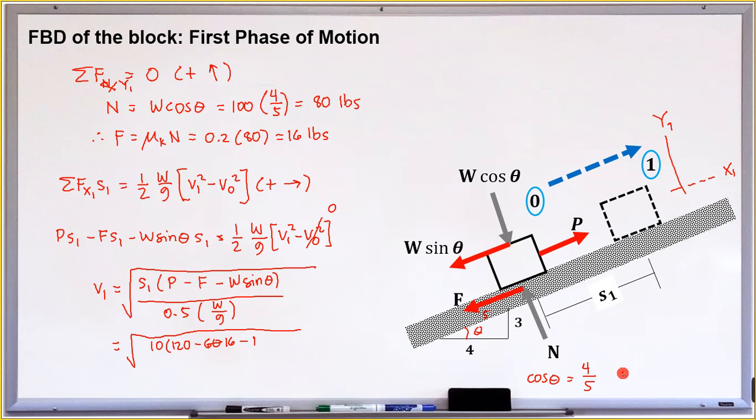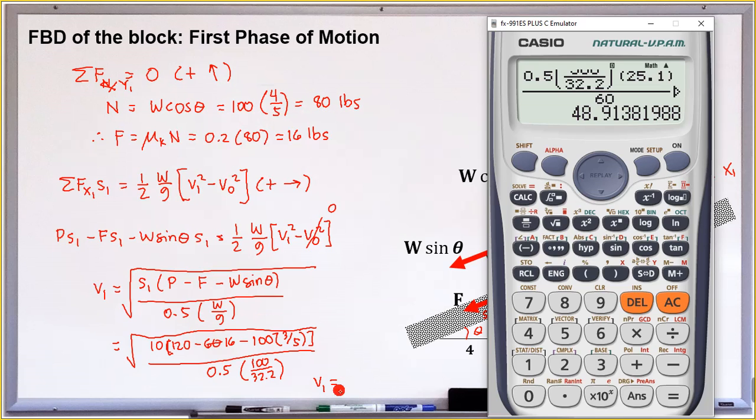So again, sine theta, the figure that is 3/5. So we have 100 times 3/5, close parenthesis, divided by 0.5 times 100 over 32.2. Okay? So our V1, let's solve.